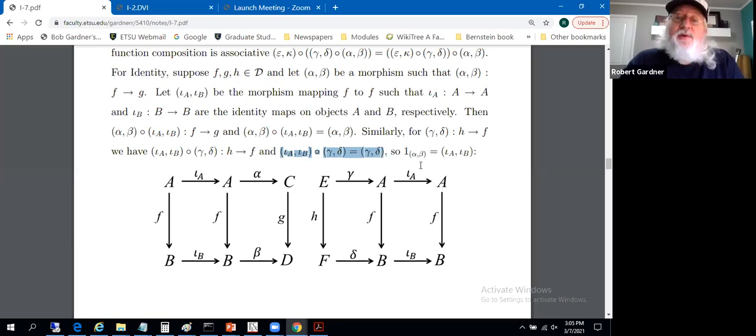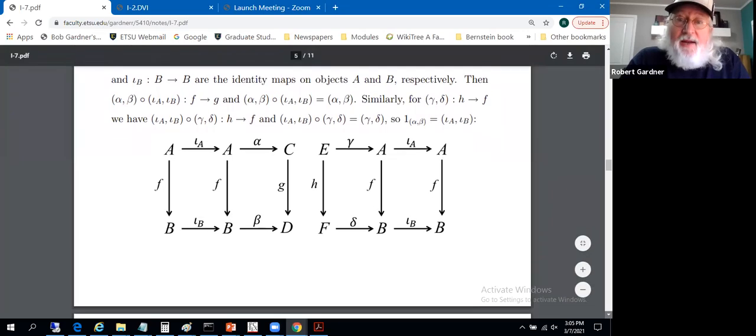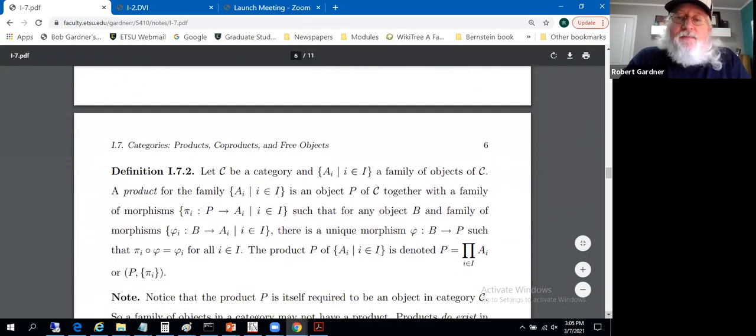In other words, we could define this 1 sub alpha beta to be this iota sub A, iota sub B. This being, so desperately want to call it the identity, this being a morphism that acts as an identity in category C, and the pair of them being a morphism in category D that acts as an identity. So the diagrams give the ideas.